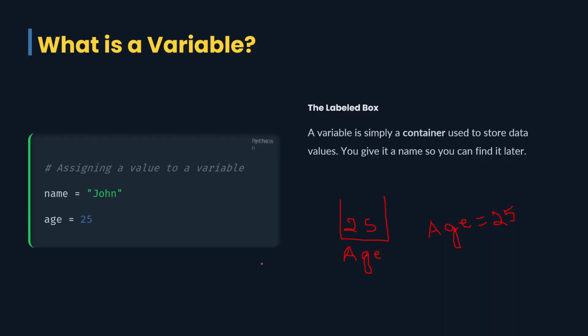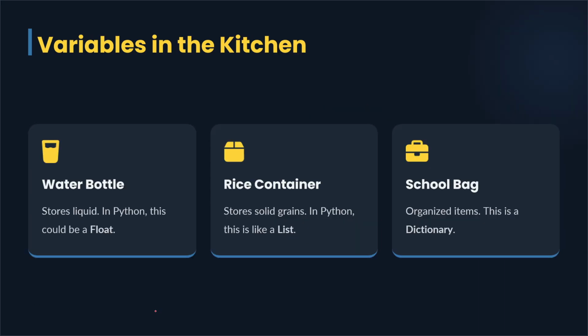Again, coming to the topic. As I have already illustrated, imagine we have different containers at home. Say for example, in our kitchen, we have a water bottle. It will store water, right? Here, water bottle is a variable and its value is water. Coming to the rice container, it is a variable.